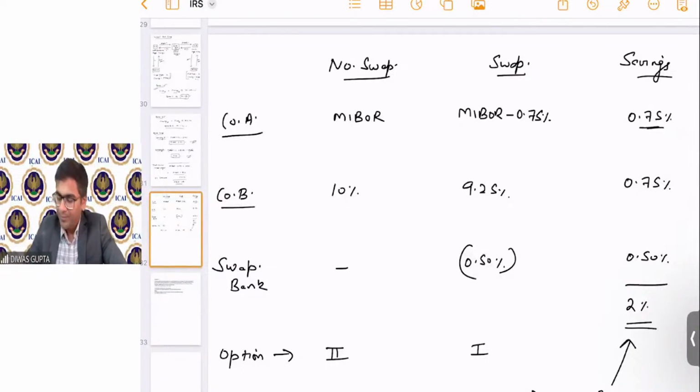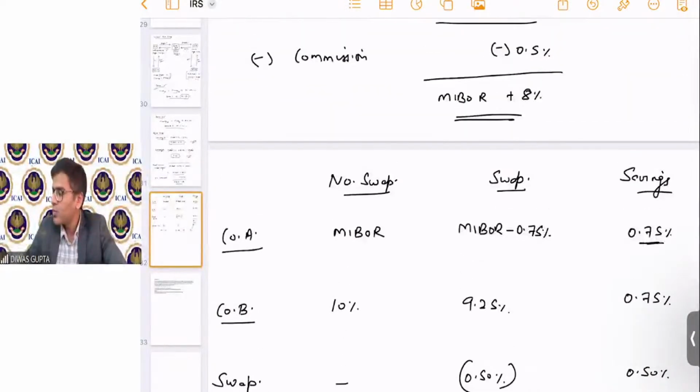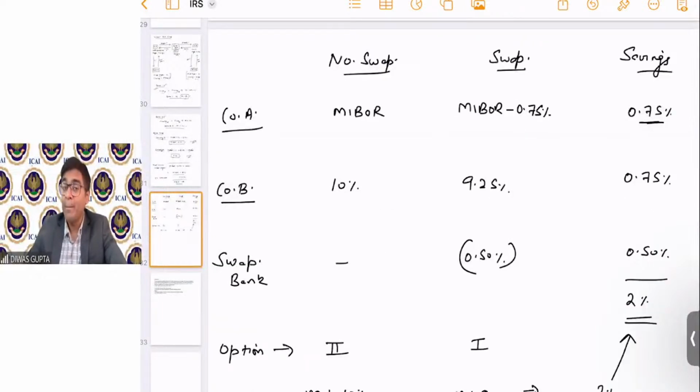Yes, Satish. Satish is asking, how is 8.25 for the swap bank arrived at? So, Satish, what would the swap bank have done? We will just reverse the mode of calculation to arrive at 8.25.